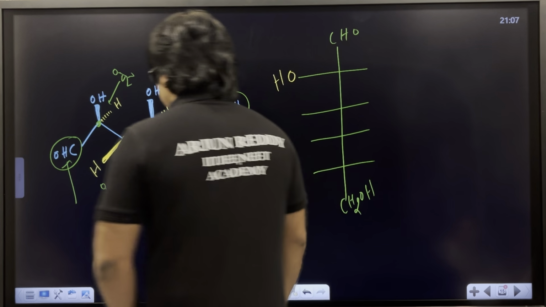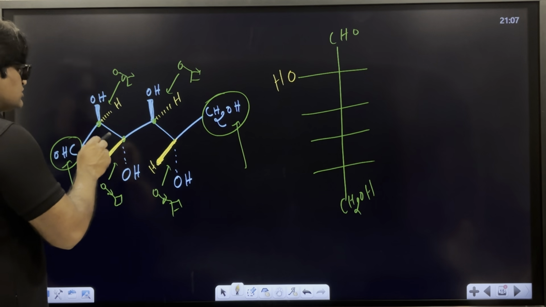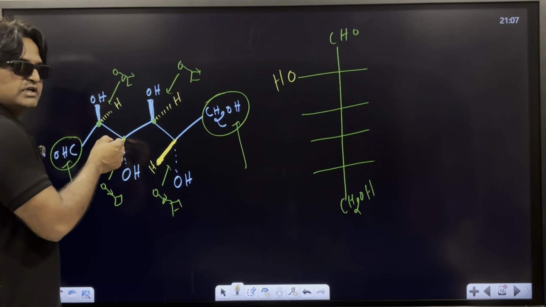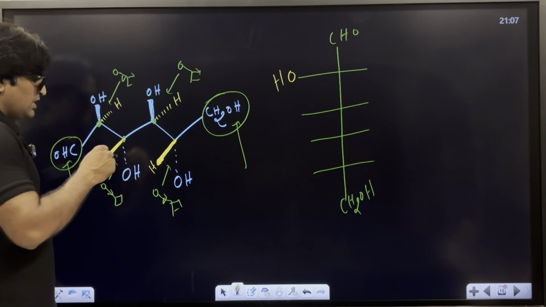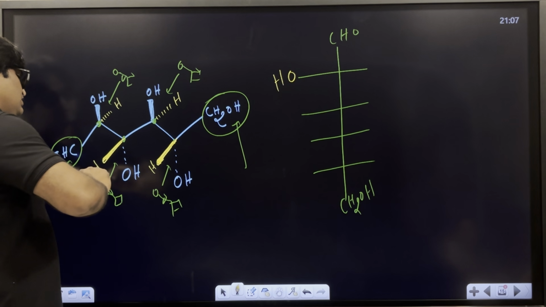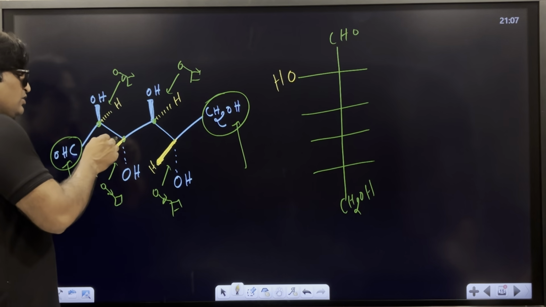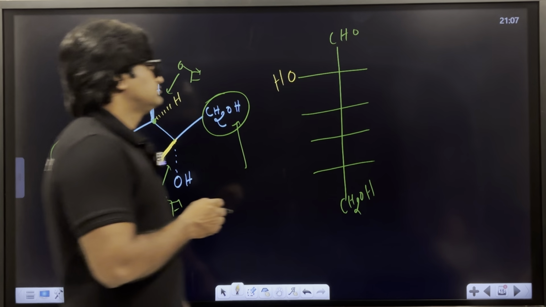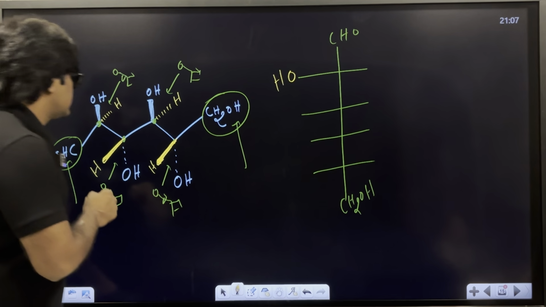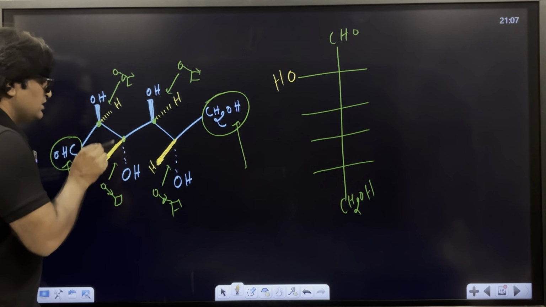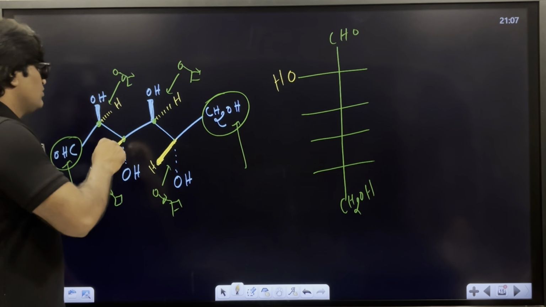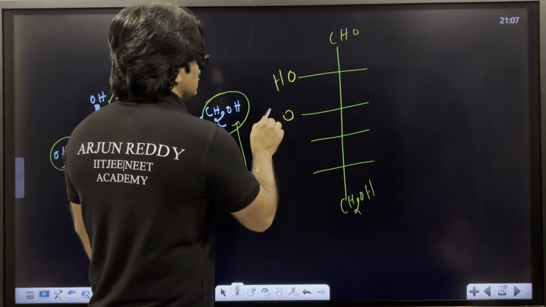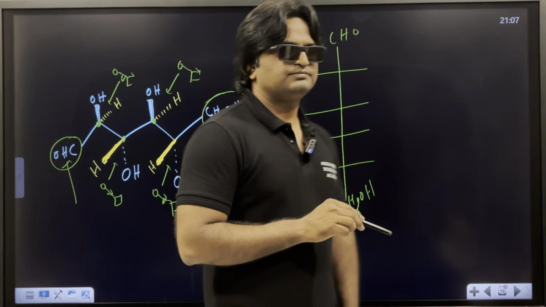Just stand in between these two carbon atoms. Hydrogen front side or back side? Hydrogen front side and OH back side. If you stand in between these two, sorry, hydrogen appears right side. Now this is the hydrogen. This appears right side. Next, what about OH? OH left side.